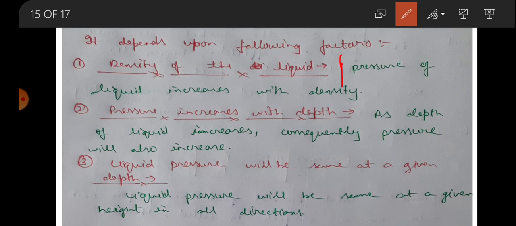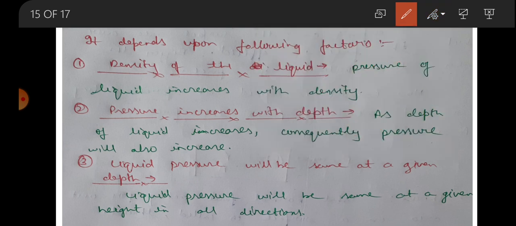Now again I will write the formula, P is equal to hdg. Again you can see that if I increase h, P will be increased by the same proportion. So again I can say that pressure is directly proportional to the height. So I have two things. First, pressure is directly proportional to the density, then pressure is directly proportional to the height.